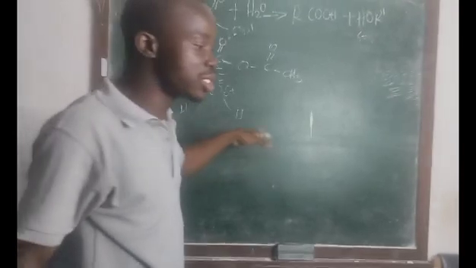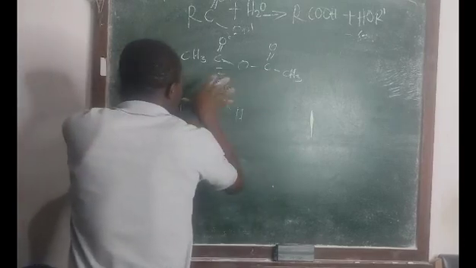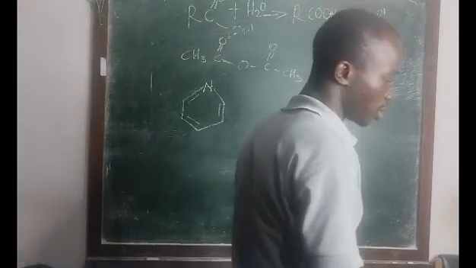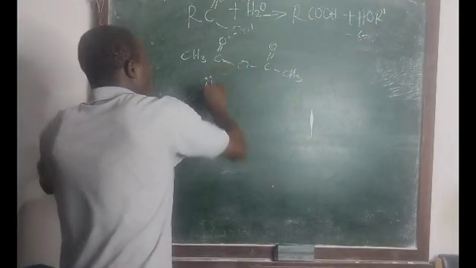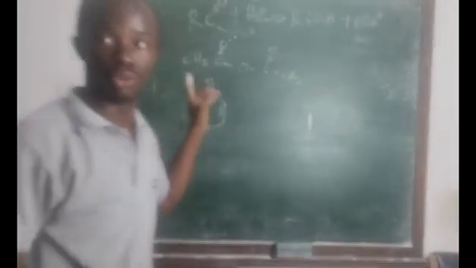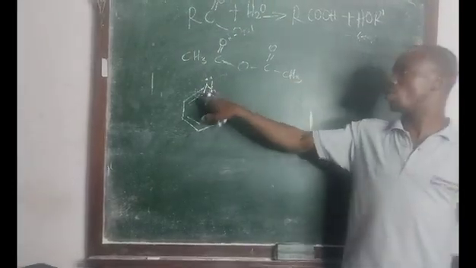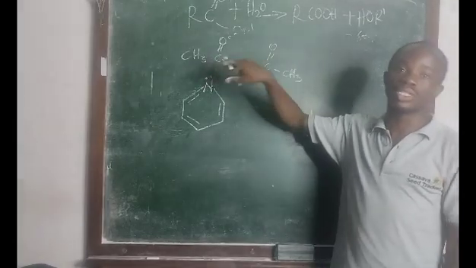But in this case, we are using a nucleophile. Instead of using water, we're using a nucleophile, and the nitrogen here is carrying a lone pair. That's what makes it a nucleophile. So it has electrons that can attack the positively charged system.